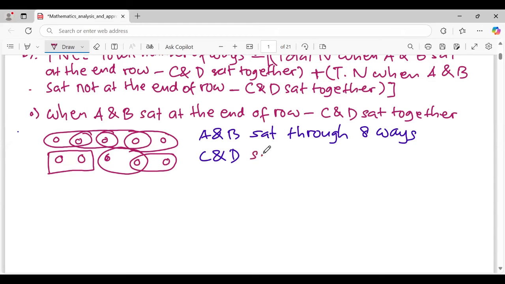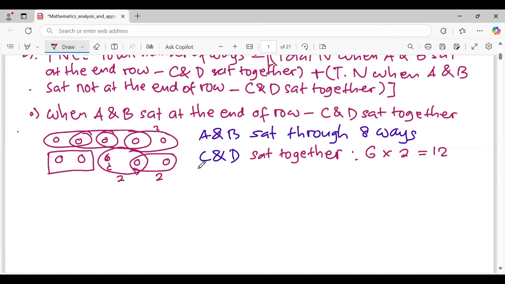For each there are 2 ways: C can sit here and D here, or D here and C here. So there are two possibilities for every way, so 6 multiplied by 2 equals 12.